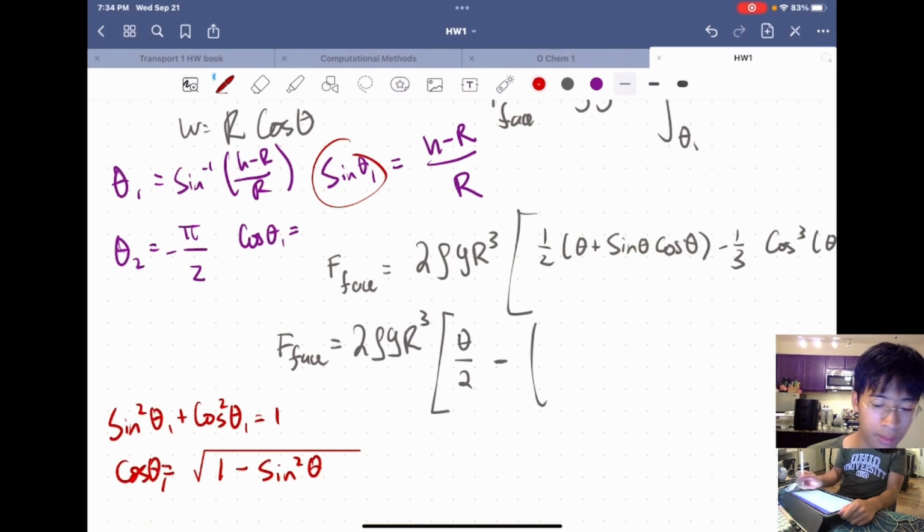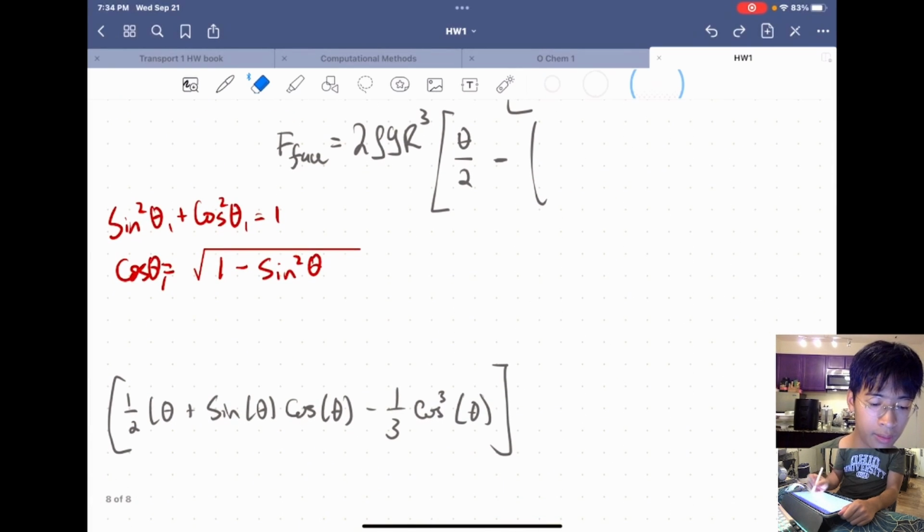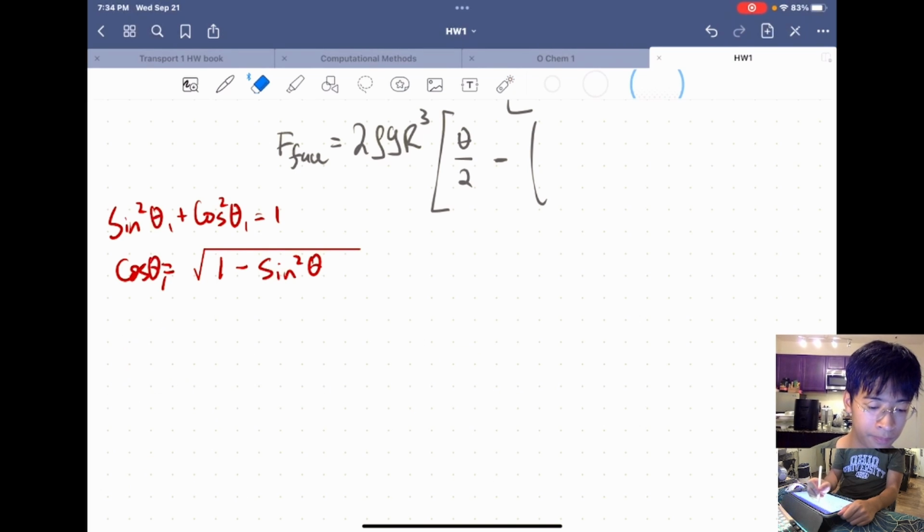Recall where sine theta is this, so let's get rid of this, give me some more room. Where I have cosine, I'll keep this in red.